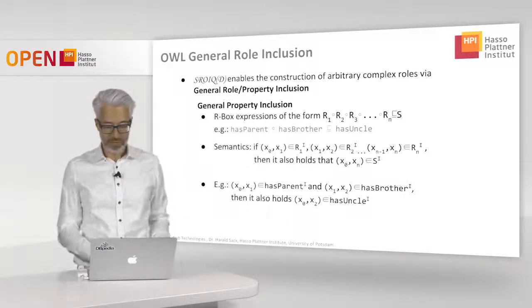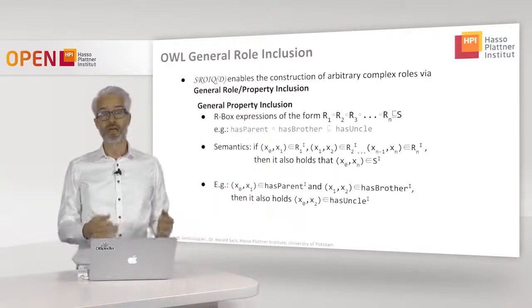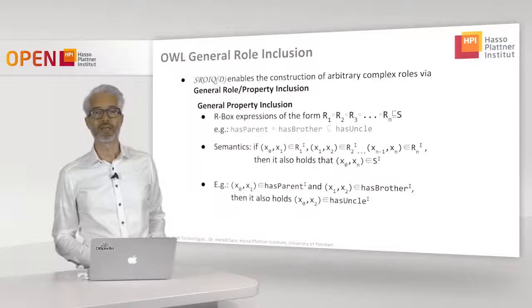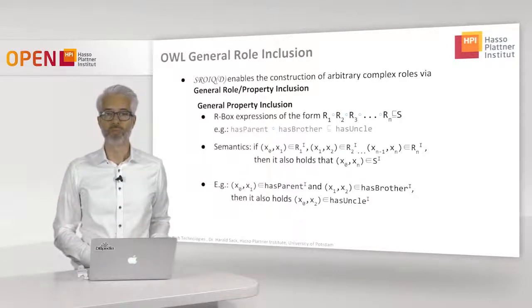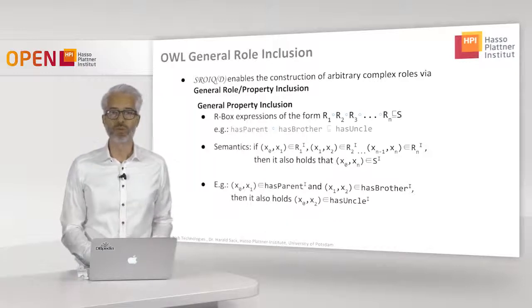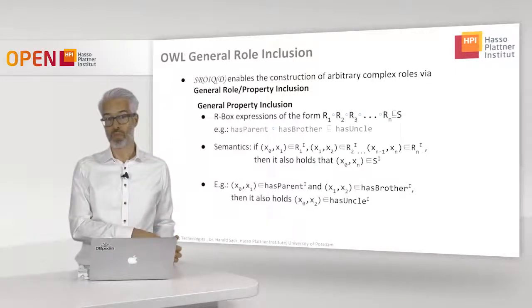So, for example, with our parent example, if x sub 0 and x sub 1 are in the interpretation of has parent, which means that x0 has parent x1, and x1 has brother x2, then it holds that x sub 0 has the uncle x sub 2.